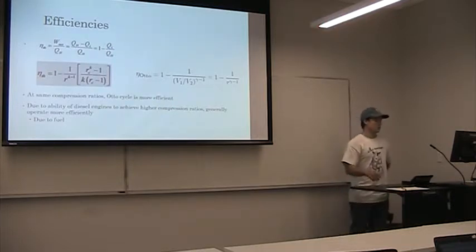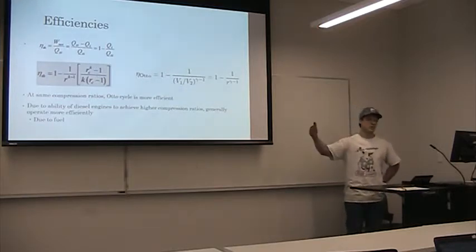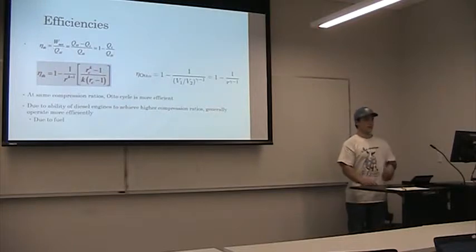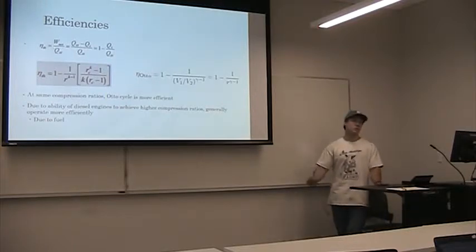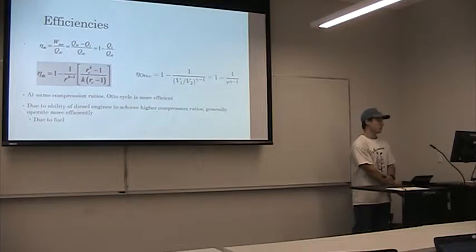But where diesel engines become more efficient is with their ability to go to higher compression ratios. As you increase your compression ratio, your efficiency keeps on increasing. Because a gasoline engine can't achieve the same compression ratios that a diesel engine can, most diesel engines are more efficient in operation. And that's due to that fuel-air mixture I was talking about earlier.